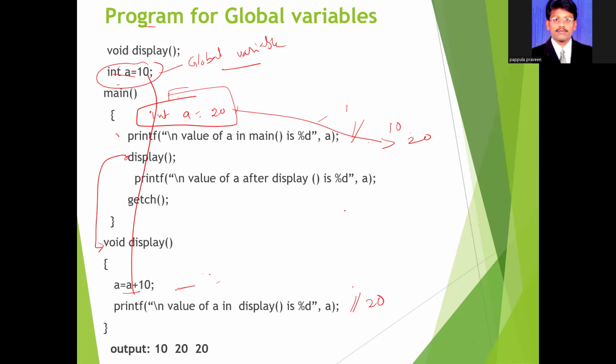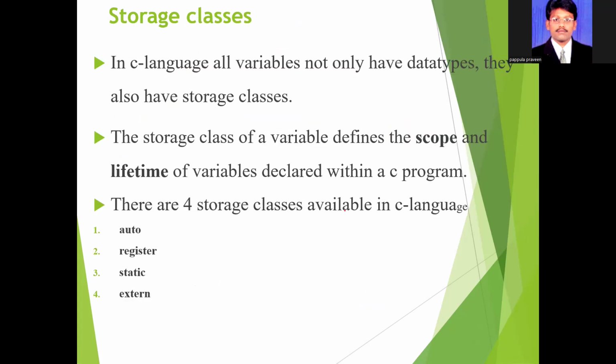Global variables are accessible outside. Now, based on the local variable or local area, all the variables can be categorized into four types. That is the storage classes, called auto storage class, register, static, and one more, the external storage class. Auto storage classes are the default storage classes.